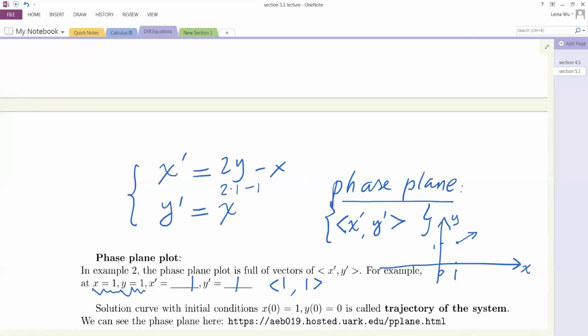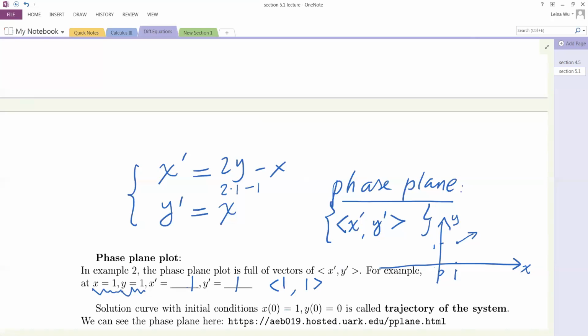Let me delete this and redo it. In the phase plane plotter, I entered 2 times y minus x for x prime, and y prime is just x. The next fields define the minimum and maximum for the x value and y value.